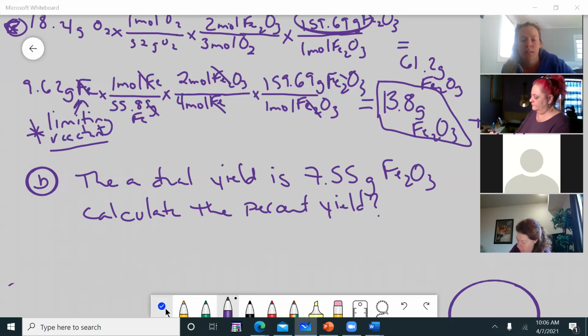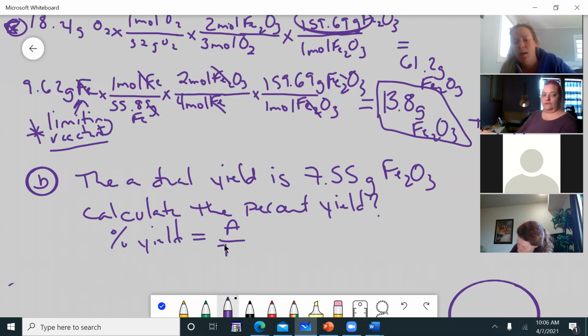Okay, so this is a real quick one. Percent yield, sometimes it's written with the percent sign instead of writing out percent, but percent yield is equal to actual over theoretical, times 100. Remember I told you actual is going to be given to you.